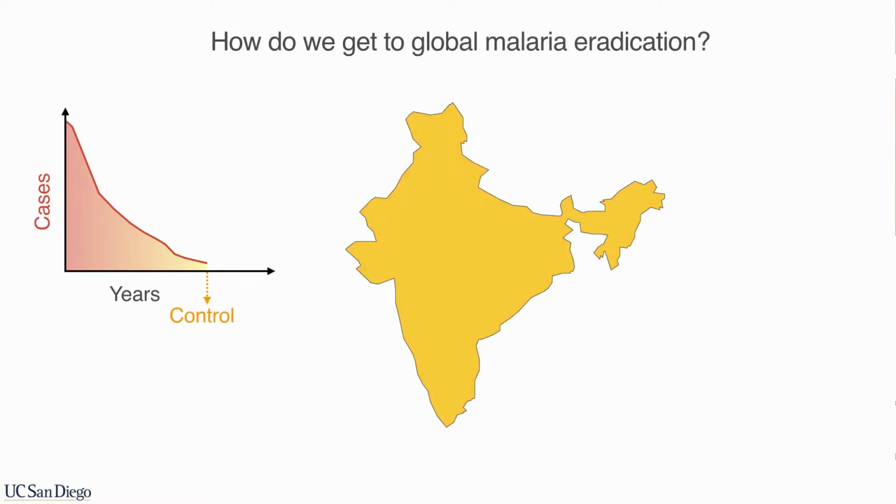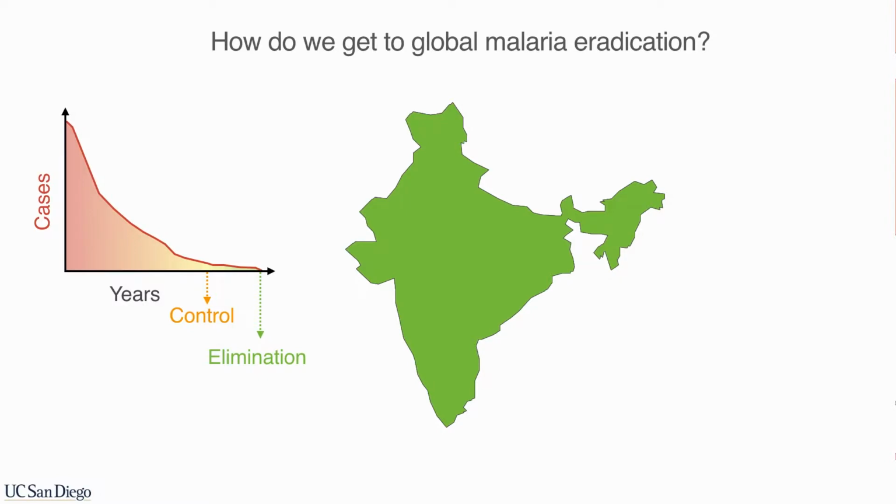First, you dramatically reduce the number of cases to a point where it's controlled, where there aren't very many, and where certainly the existing medical facilities can cope with them and treat them. In the case of smallpox, when they got it to the level of control, they were one step from local elimination because they then had enough information to completely wipe it out in a given area.